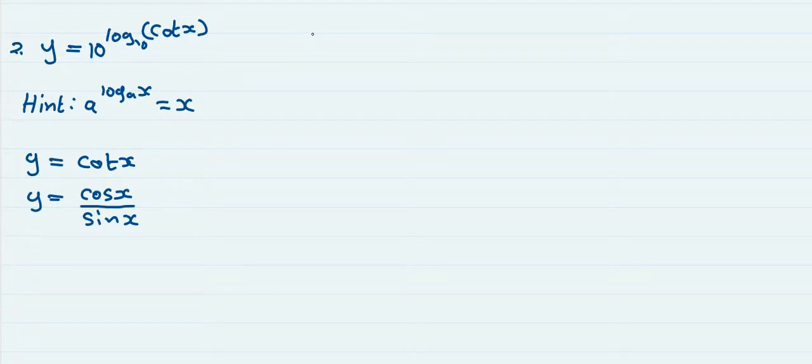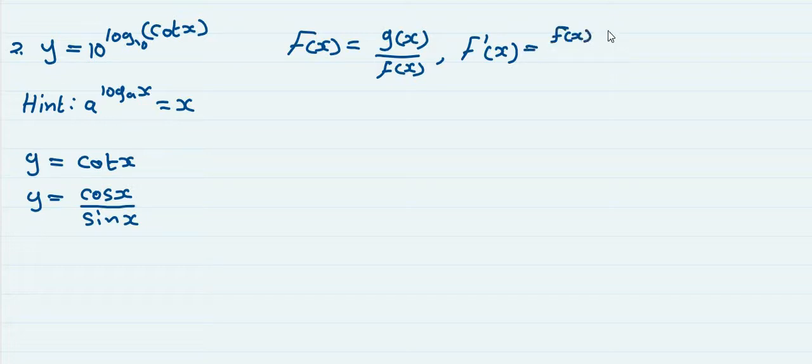Quotient rule is, if capital F of x equals g of x over small f of x, therefore F prime is f of x, as it is at the top, multiply by the derivative g prime, minus g of x as it is, multiply by f prime, all divided by f of x at the bottom squared.